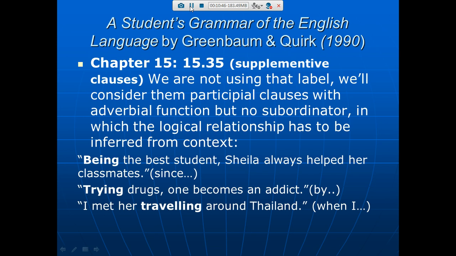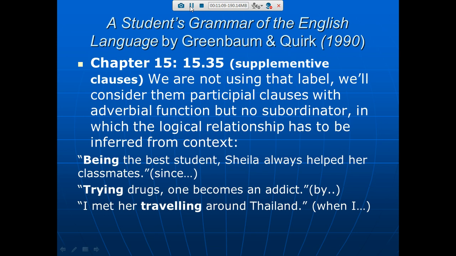However, in this type of adverbial participial clauses, the subjects are co-referential. "Being the best student, Sheila always helped her classmates." Since she was the best student, she always helped. So she was the best student and she helped. "Trying drugs, one becomes an addict."